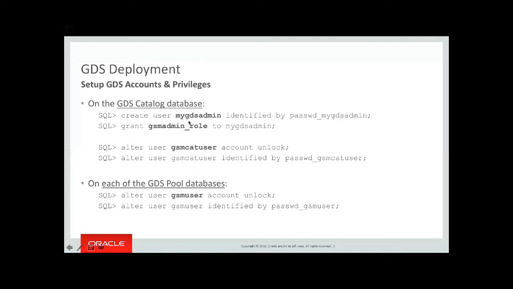You should also create a super user. In this example, I'm calling it my GDS admin, and the GSM admin role needs to be given to that particular super user, the administrator user. And for each database that you would add to the pool, there is also a default GSM user that needs to be unlocked, and the password needs to be set. Right? These are the prereqs.